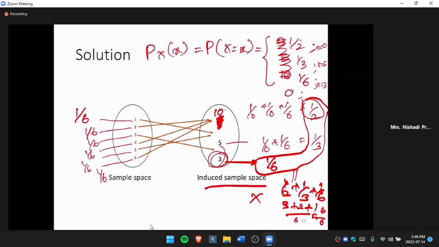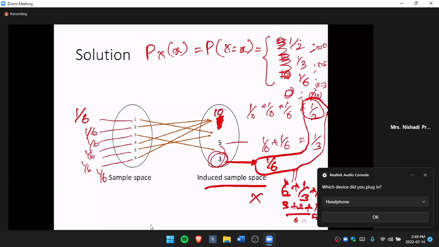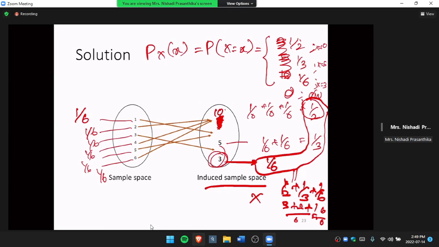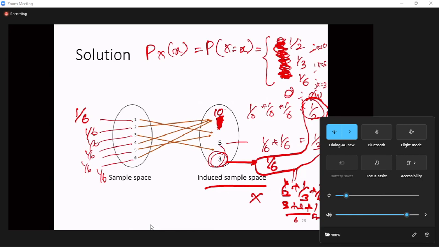The probability is 0 otherwise. Understand? Here we want to write probabilities, not the values of the random variable. We want to find the probability mass function, which means a mathematical function to represent probabilities.